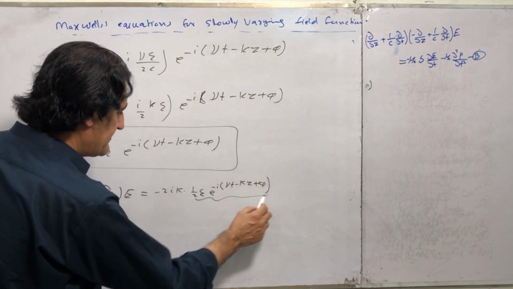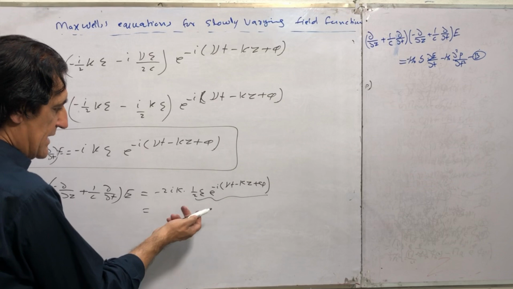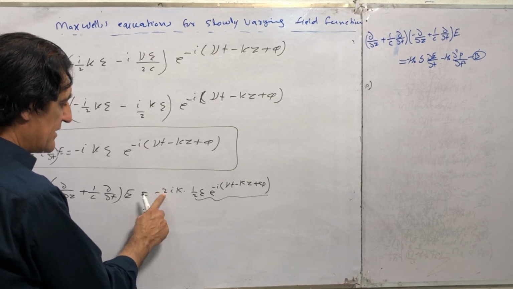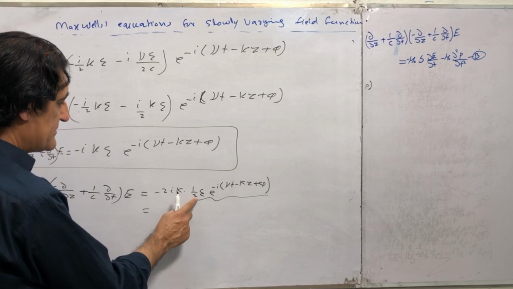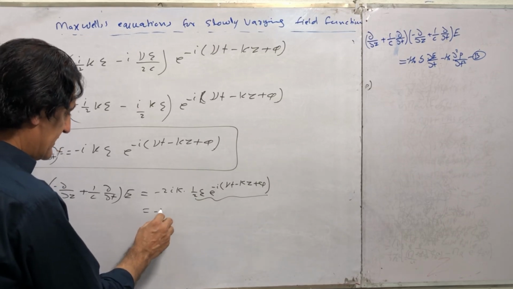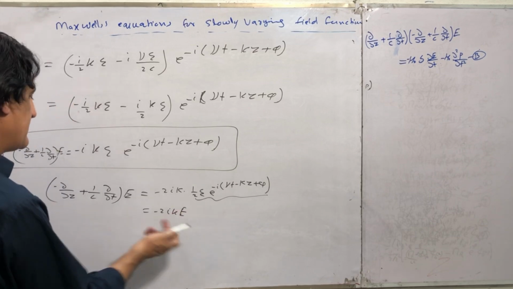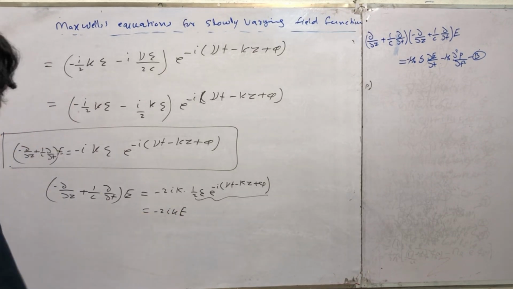Then this term, we know this term as, because here we divide and multiply this by 2, then this term becomes e. It means that minus 2 iota k e. So this is equal to this one.